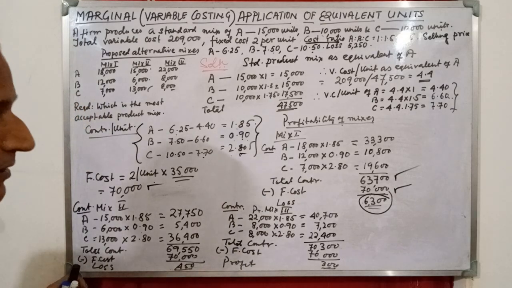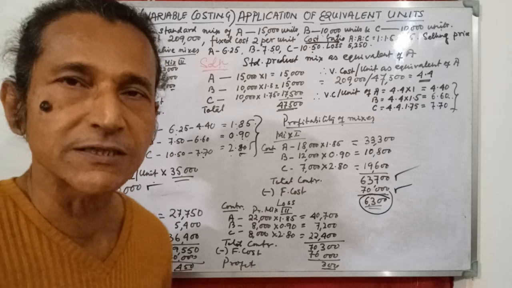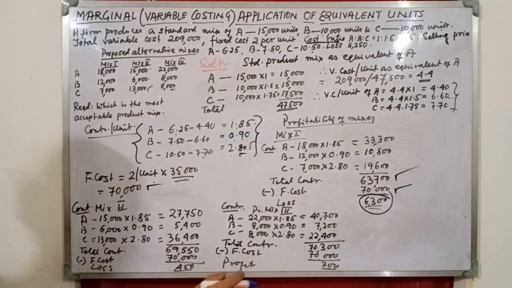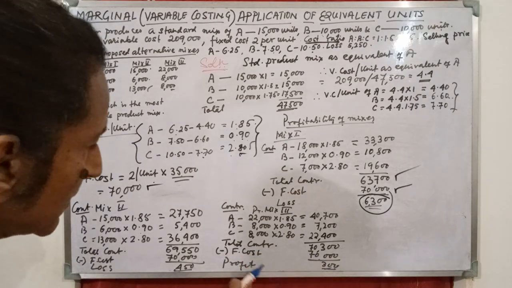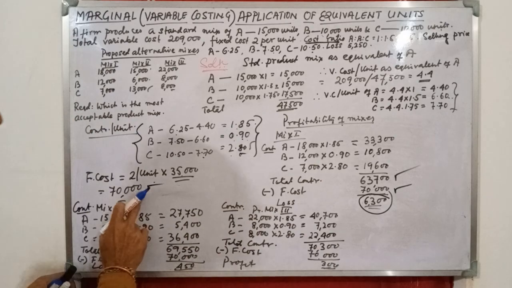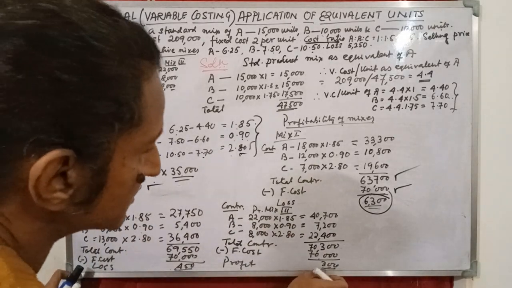So we get a total contribution of 70,300 for product mix 3. From the total contribution I have deducted the fixed cost, which is 70,000. So we get a profit of 300.